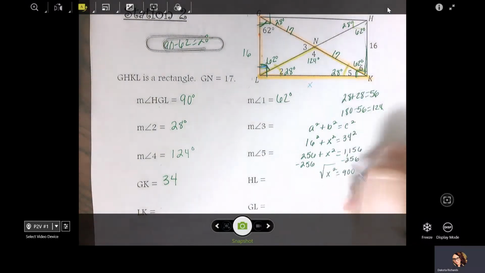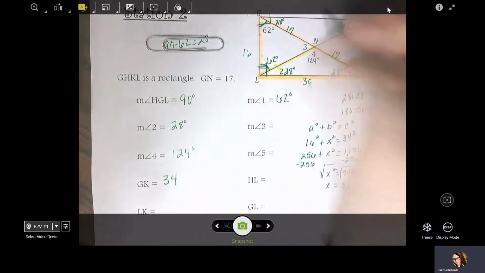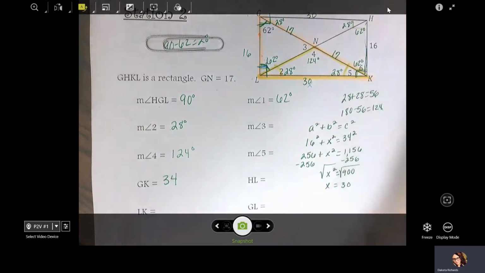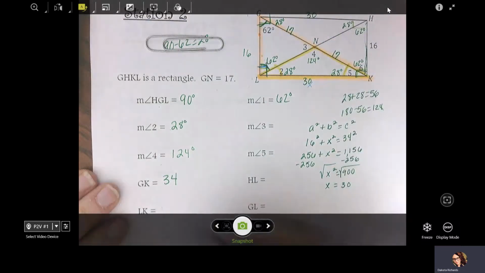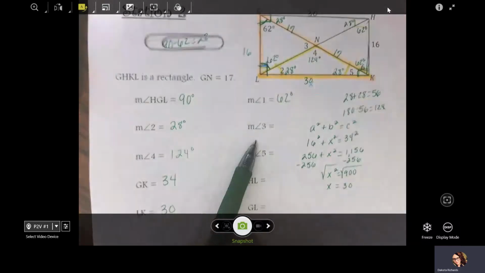Then take the square root of both sides. You get x is just 30. So that side is 30. So this side is also 30. LK is 30. We already found the measure of angle 1, the measure of angle 3.